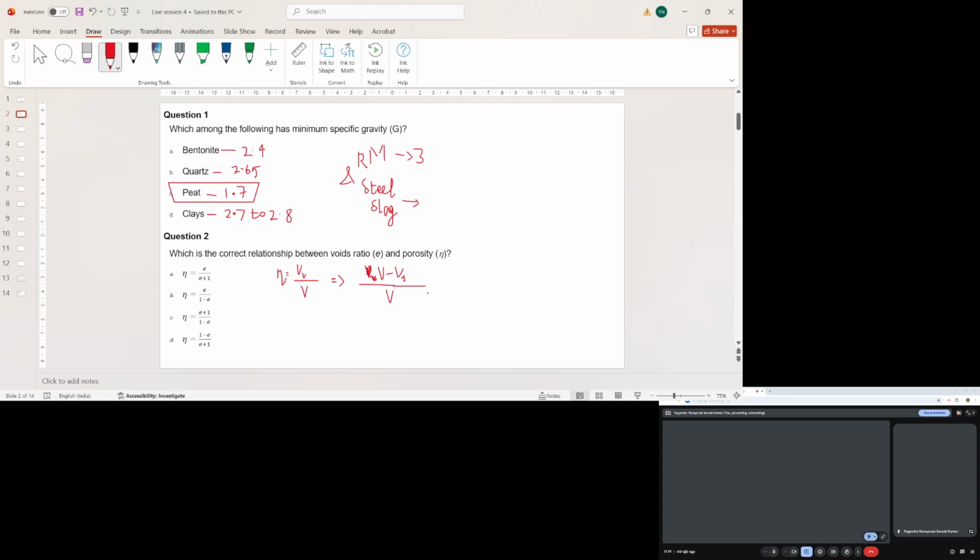Should be total volume. Now 1 minus Vs by V.